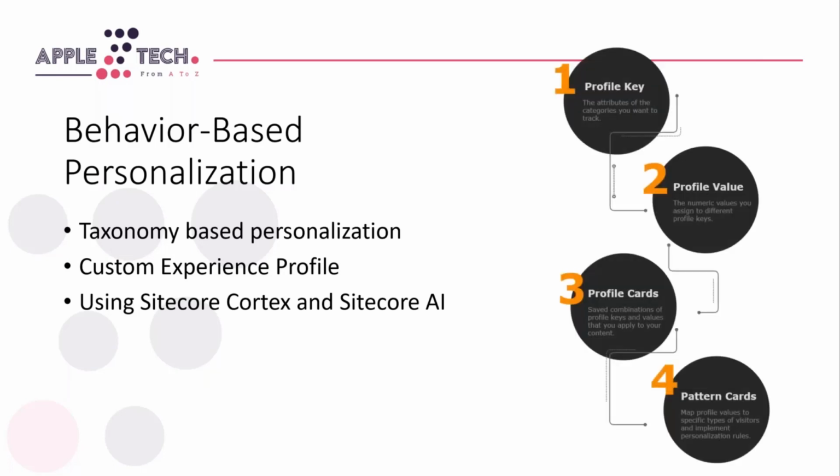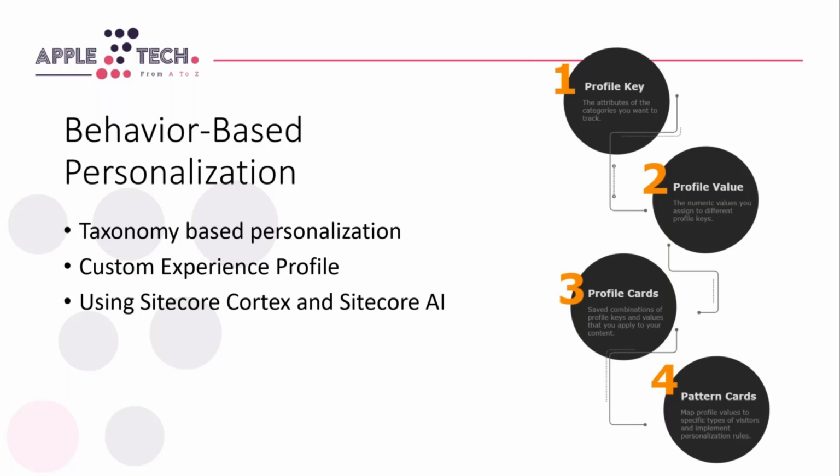Again, one of the most powerful and quick tactics to use is profile keys and cards. I'm not going to go into the details of that, but just think about it as, once we define a persona, once we define that a certain segment of our audience falls within this category and they exhibit these traits, they are interested in hiking, they're interested in mountain climbing, we start to give them a value, a score that, once tracked across different pages, starts to have an actual meaning, and we can personalize on top of that using profile cards.